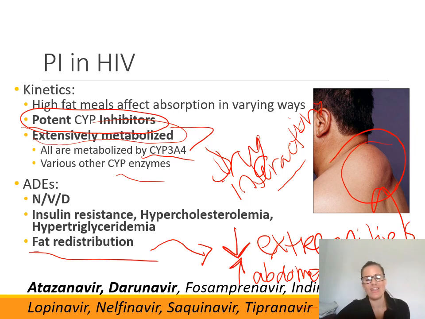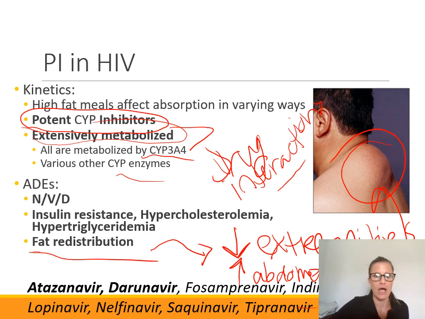And the fear or patient concern with this fat redistribution is that it's a very visible way for people to look at you and say that you have HIV. So patients are typically very worried about this fat redistribution. Not to mention that's just not fun, right?